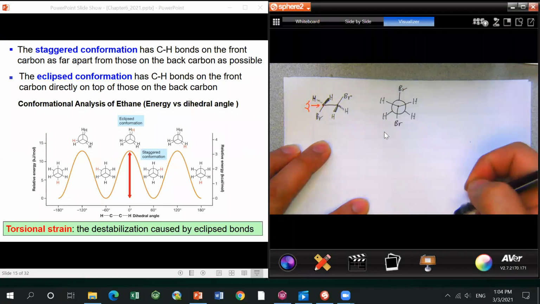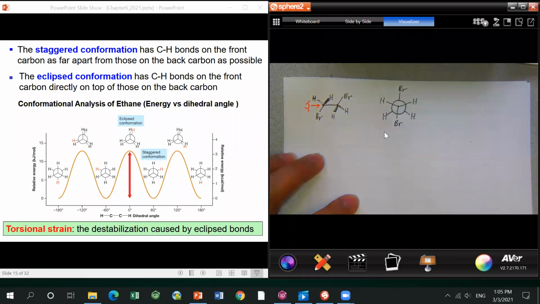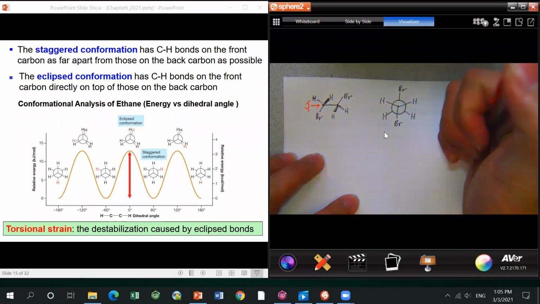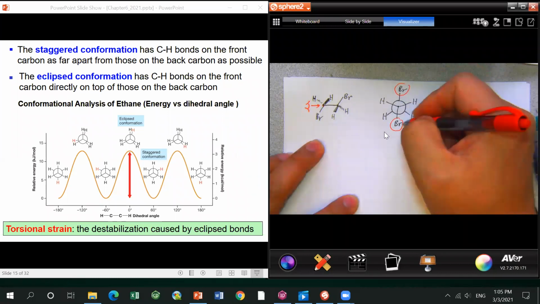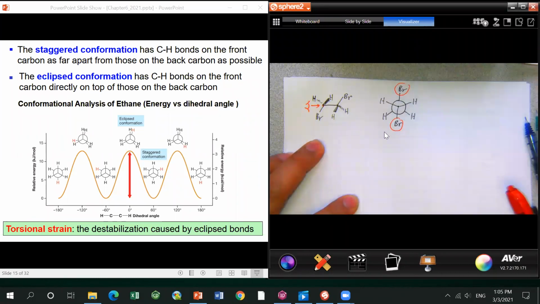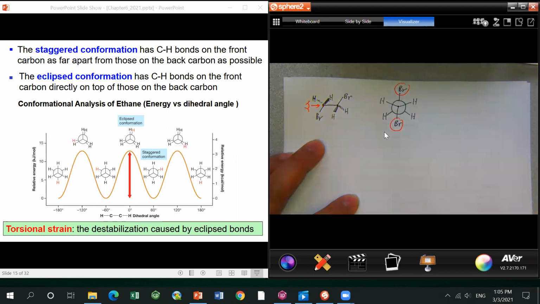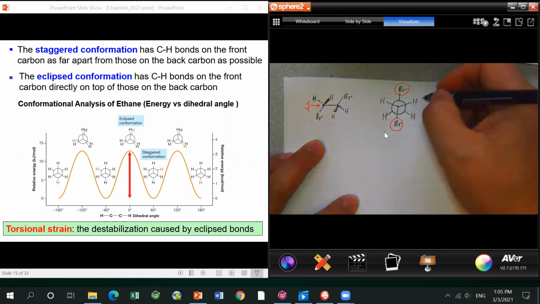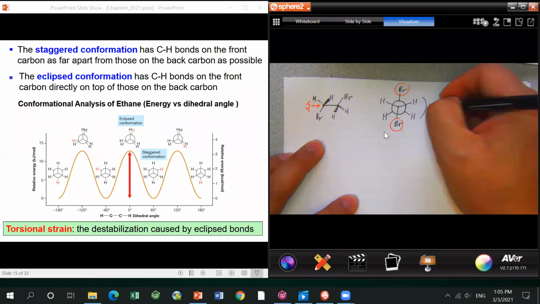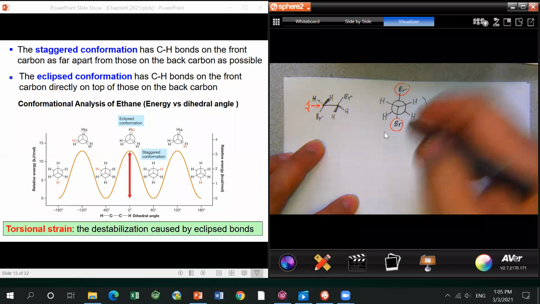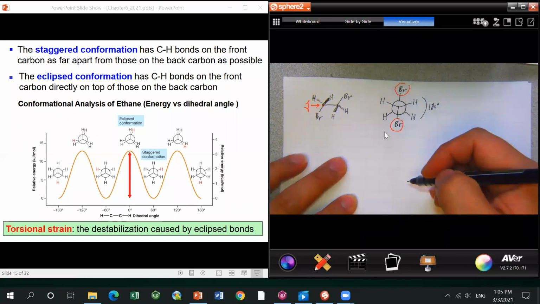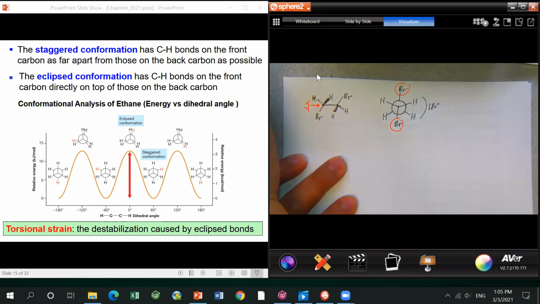Because bromide has a much bigger size than hydrogen, we put these two large substituents 180 degrees to each other. This is the most stable conformation, because these two are far away from each other. This conformation we call the anti conformation.